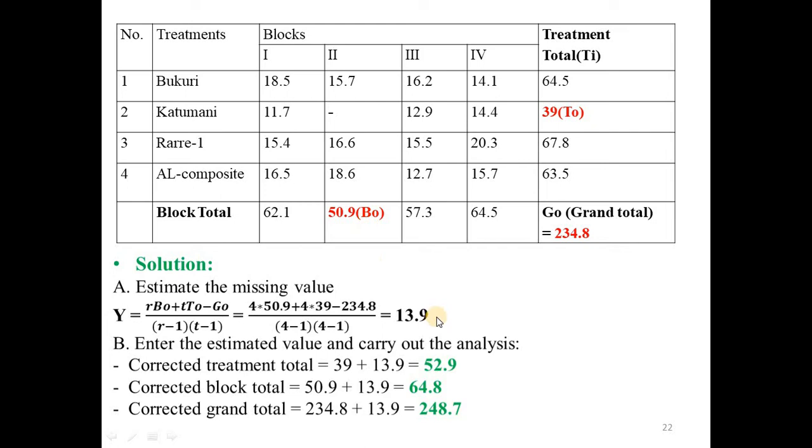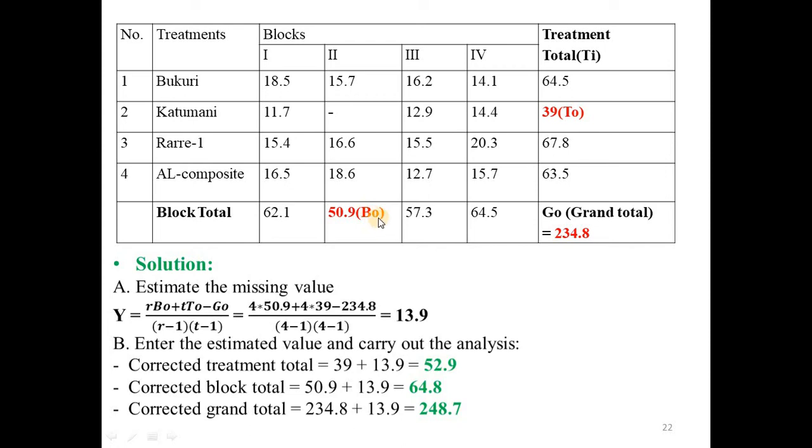Then we have to estimate again the value of this, and this. Based on this, first we have to estimate the corrected treatment total. In order to get this, the treatment 2 total plus this one will give us this one, and then we have to calculate the block total, because here also the block total has the missing value.